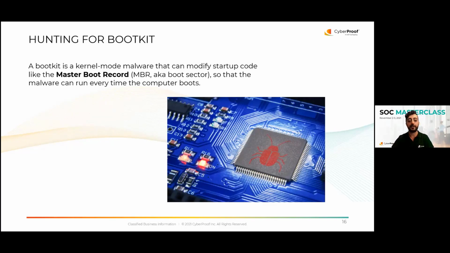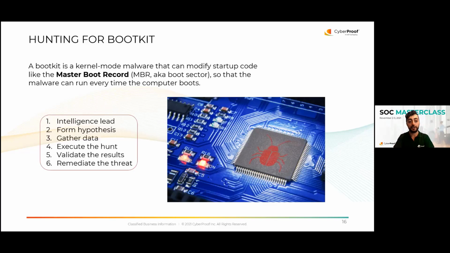So this is just a quick introduction on BOOTKIT. In this case, it happened a few months ago. We had a lead from the intelligence, from the dark web, telling that one of our clients might have been infected with BOOTKIT.